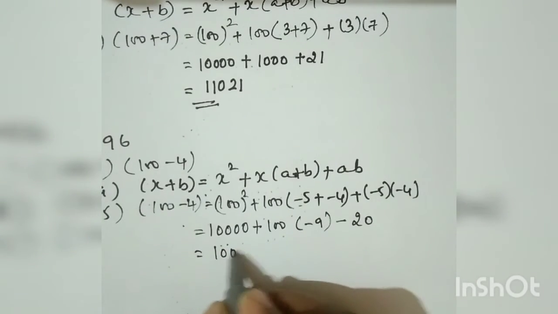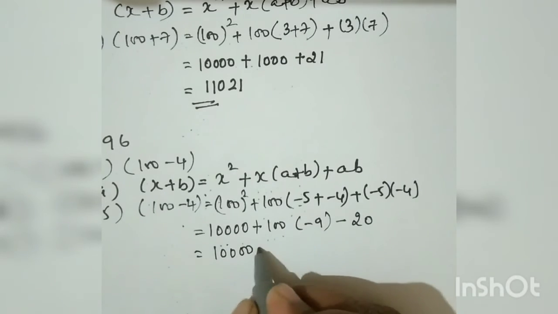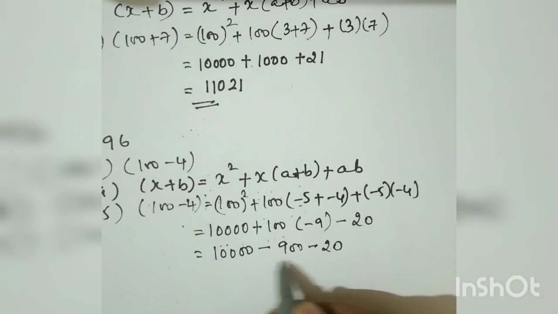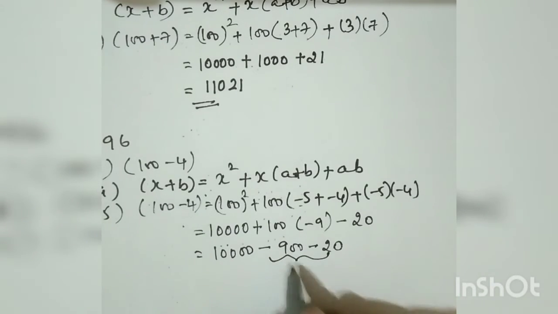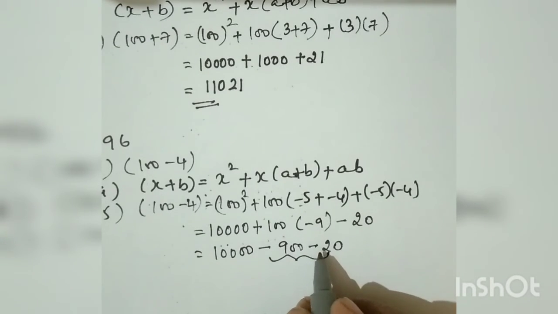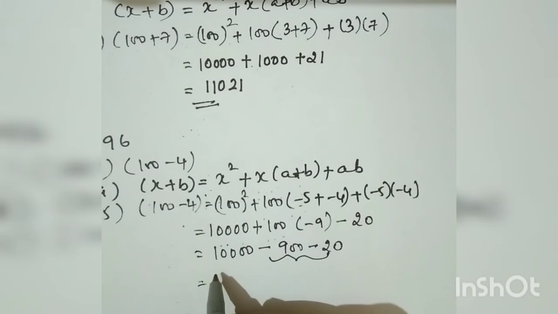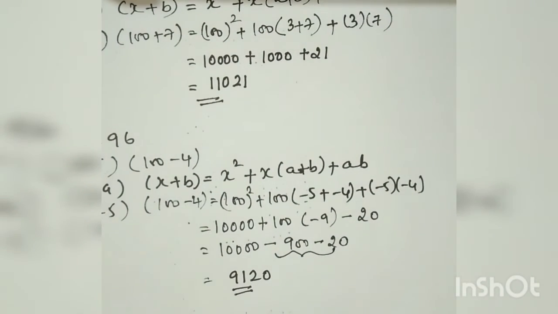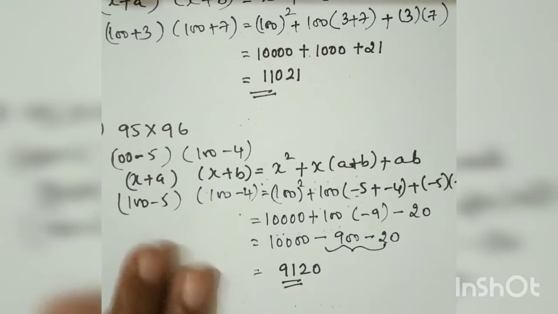So here you will get 10,000 minus 900 minus 20. Now these two you can add because they both are negative numbers. Add and subtract it from 10,000, you will get 9,120. And now let's see the next question.